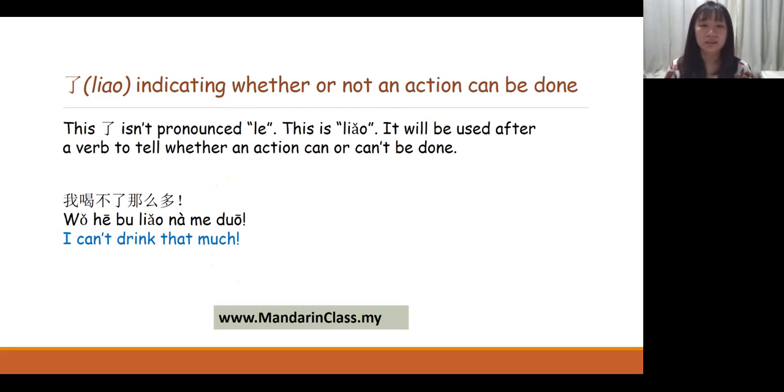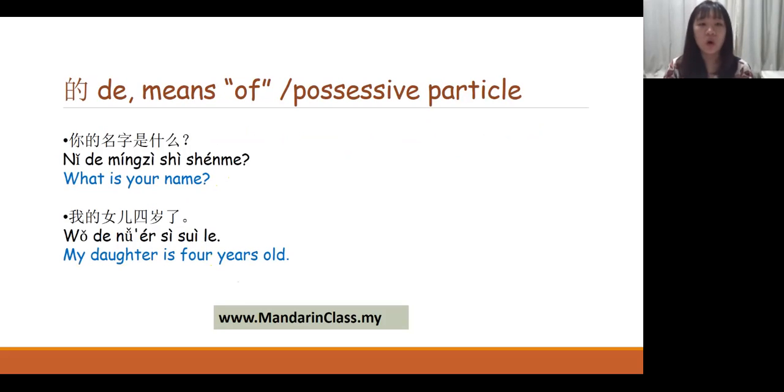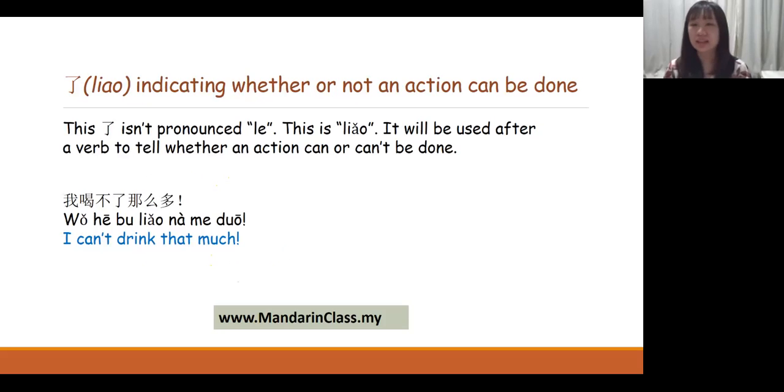The example here is 我喝不了那么多. 我喝不了 means I can't drink that much. Another way, I give an example here: 我喝得了. I can drink.